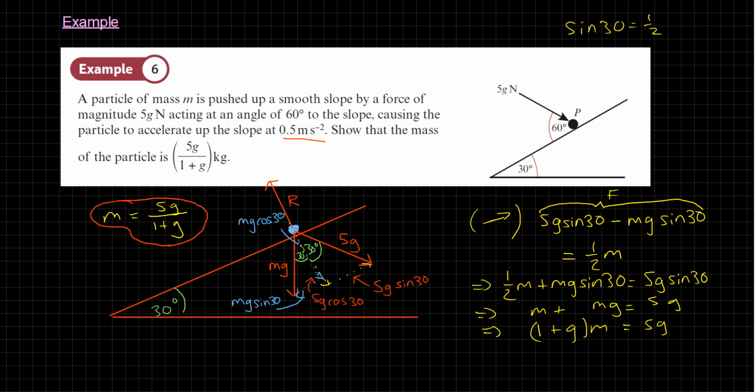Just one thing to point out here, these two components, the component of the weight that's going in that direction, the blue one, and the component of the 5g, the yellow one, going in that direction. Just remember that, whether you draw it that way or not, there's no reason to assume they're the same length. So we've got a big triangle here, and then another triangle here, and although they're back to back, there's no reason that they would line up in terms of having the same length for the side that goes along there.